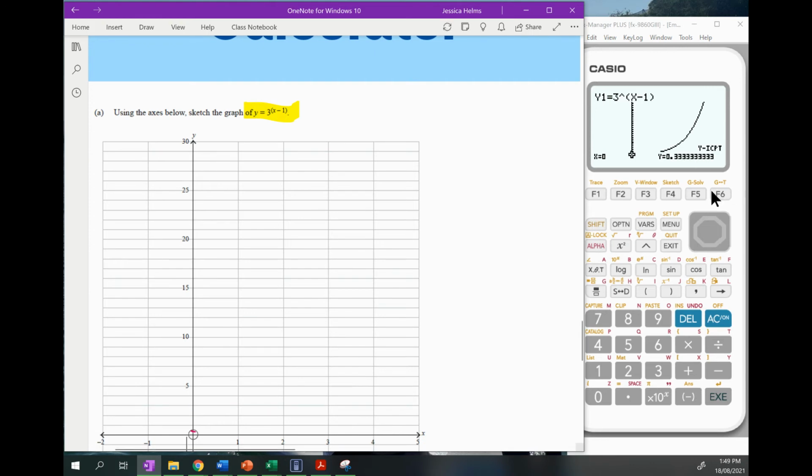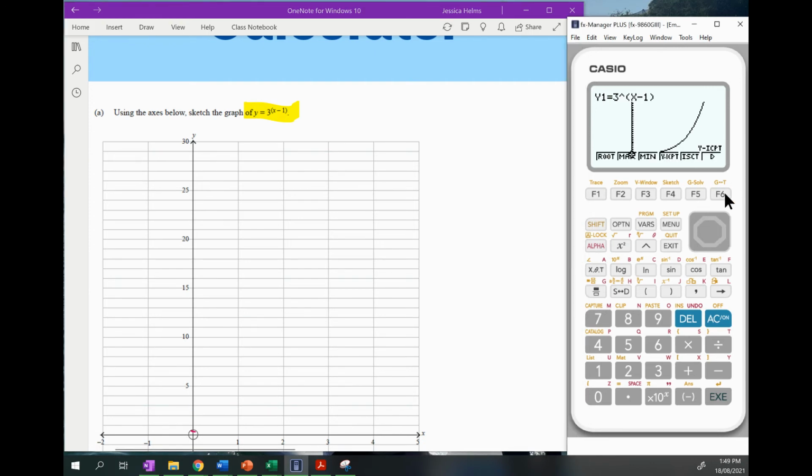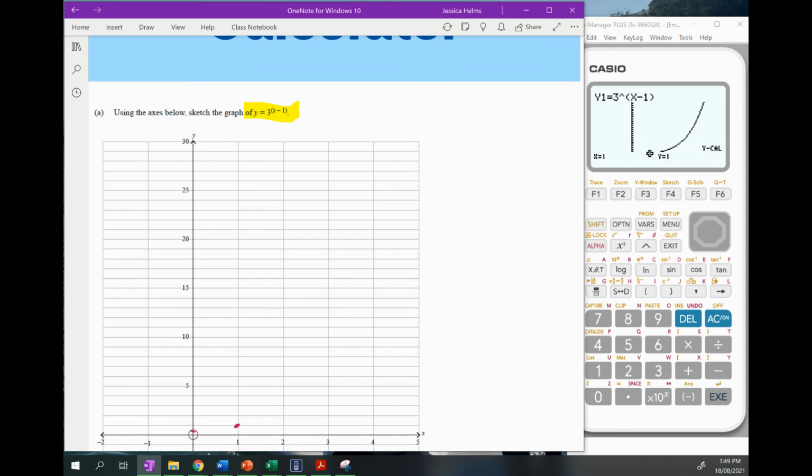Now, the next thing I'm going to want to do is go Gsolve again, and go over to yCalc. So for x is equal to 1, what does y equal? At x equals 1, y equals 1. So I can put a mark on my graph here for that one as well. So x equals 1, y equals 1, that's that point there.